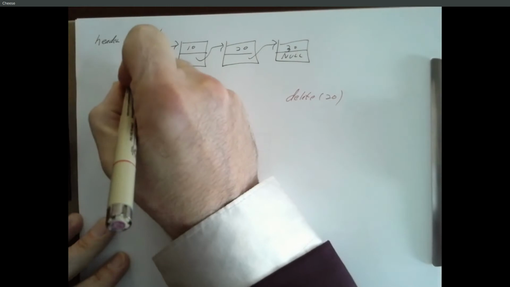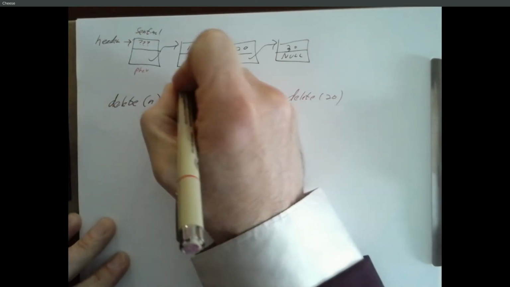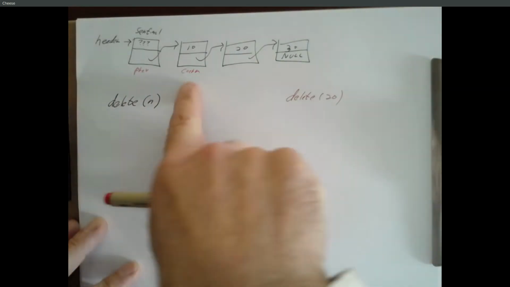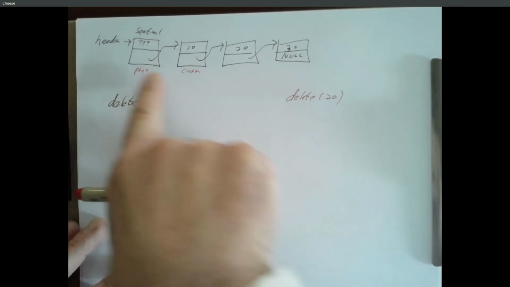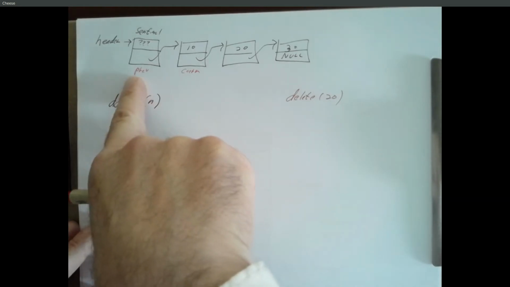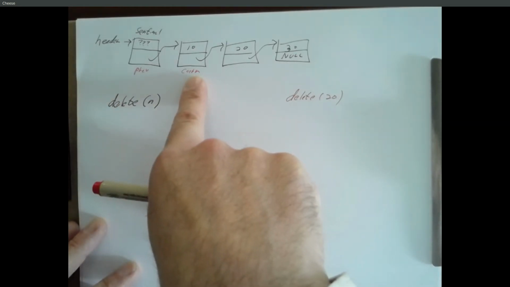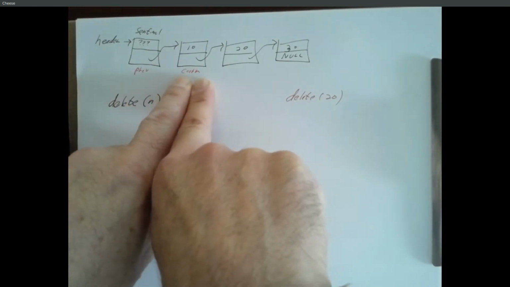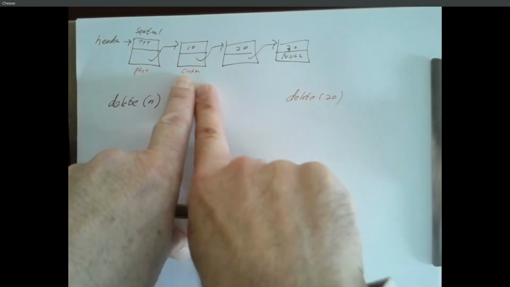So I'm going to start off with previous equal to the sentinel and current equal to the thing the sentinel points to, because I don't want to delete the sentinel node, right? This is the first node I might want to delete. I don't care about the data value in the sentinel. So I'm going to start current off at the first data node, previous is the sentinel, and I'm going to say is the data value of the current node equal to n.